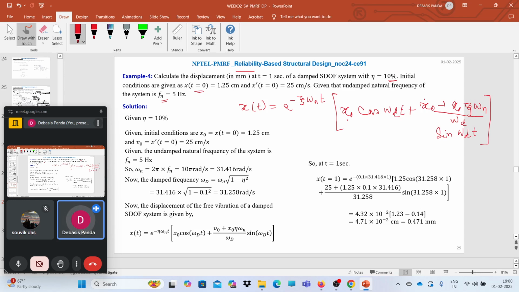You have the x naught value, you have the x dot naught value, you have the frequency, but in terms of cyclic frequency, not the circular frequency, because omega d is the damped circular frequency.